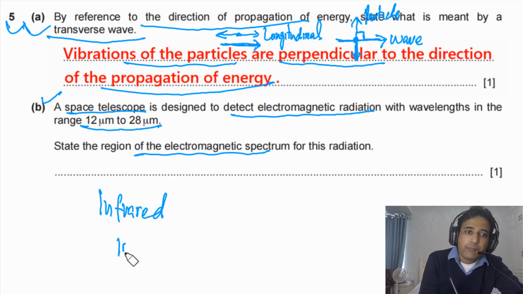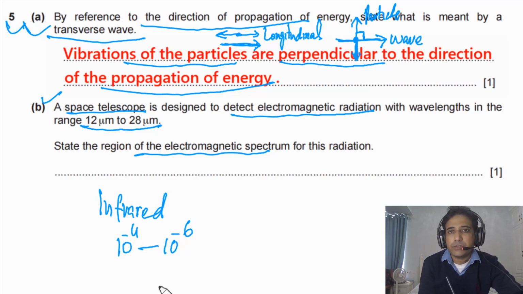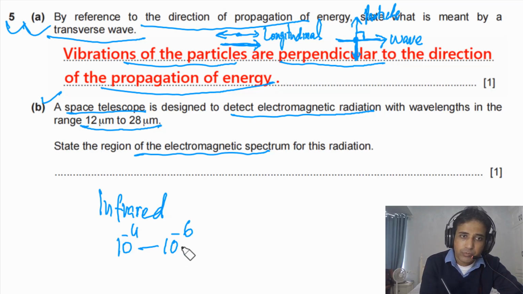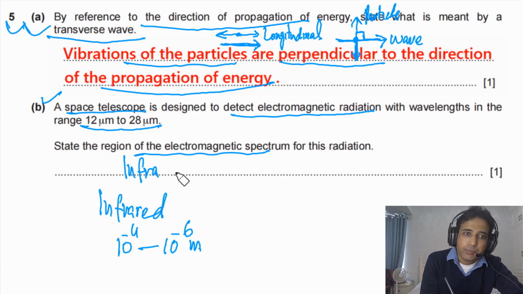Infrared has wavelength between 10 to minus 4 to 10 to minus 6 meters, about this range. So you can see here we have micrometers, because this is in meters, so this is micrometer. So it simply means that this is infrared.